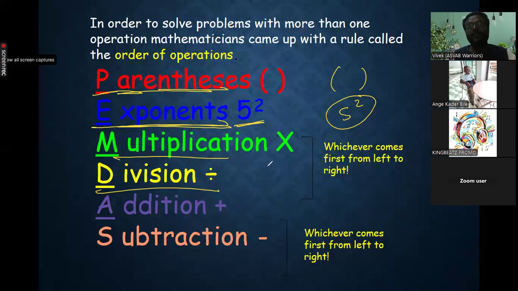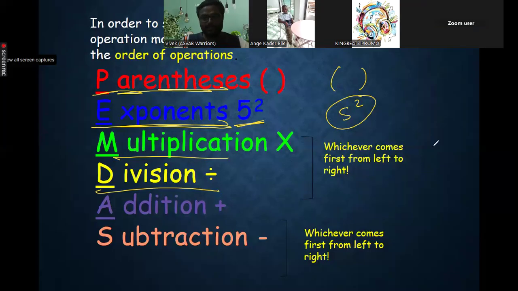Multiplication or division, whichever comes first. Addition or subtraction, whichever comes first. Now let's say this is the case: 20 divided by 10 times 2.